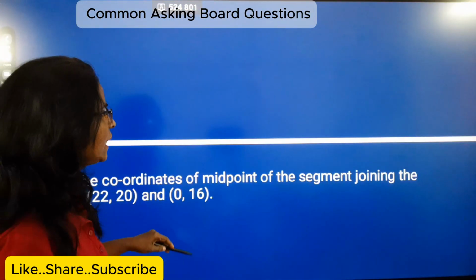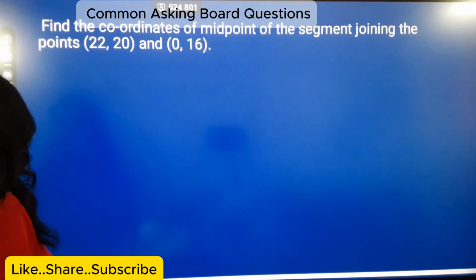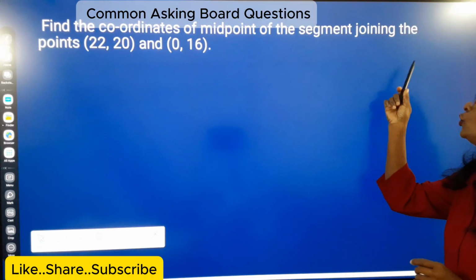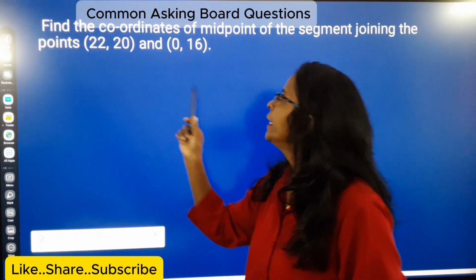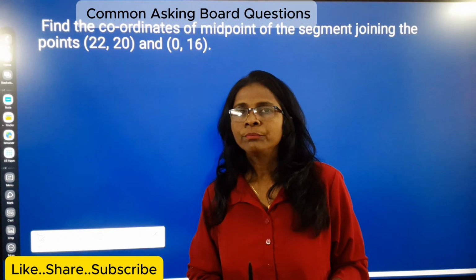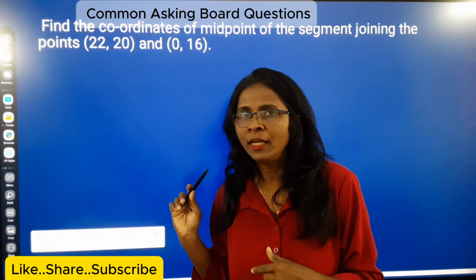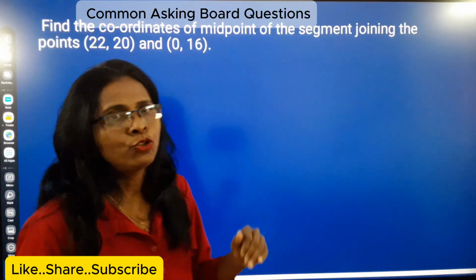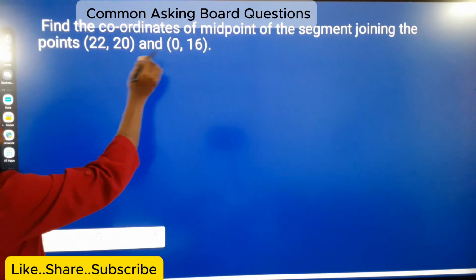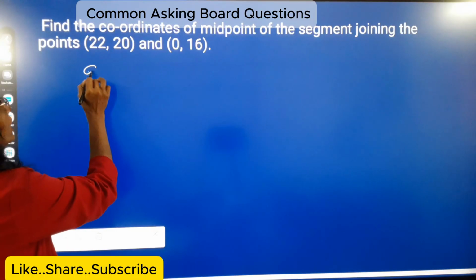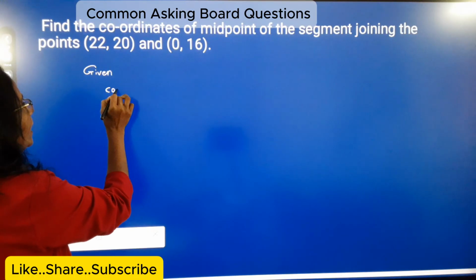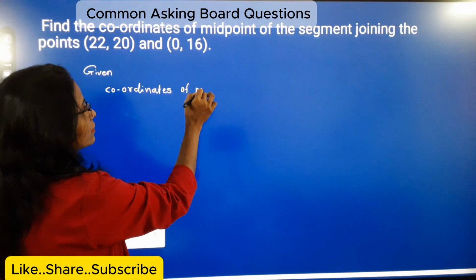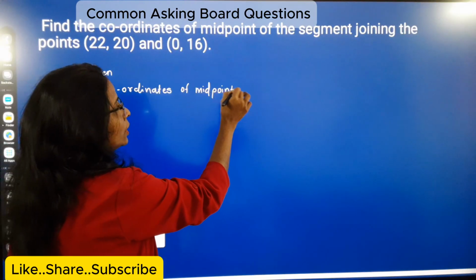Then next one: find the coordinates of midpoint of the segment joining the points (22, 20) and (0, 16). In part 1 we solved such a type of example, students, but the coordinate points are different, so let us see again how we can solve it. First we write the coordinates of midpoint is equal to question mark.